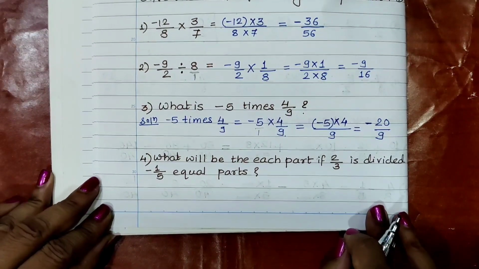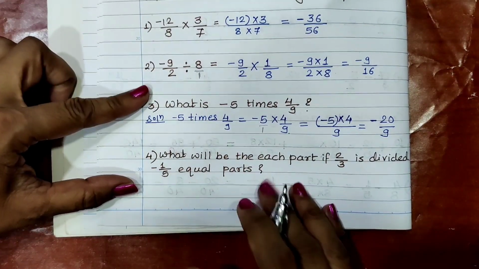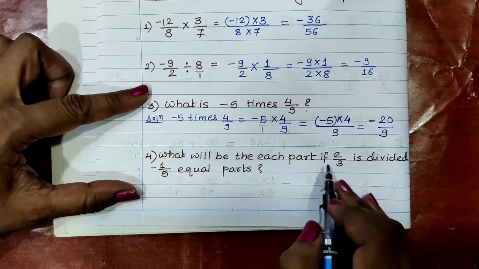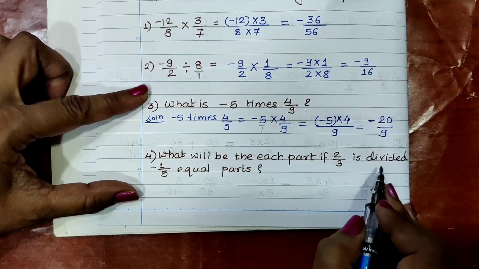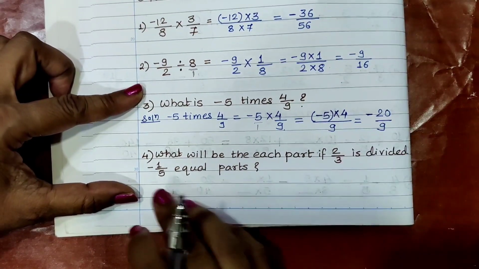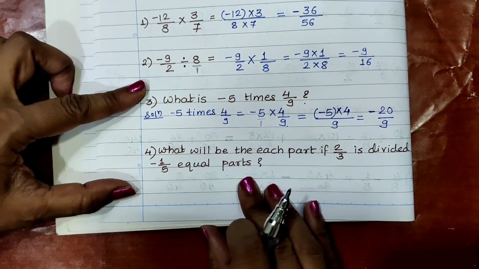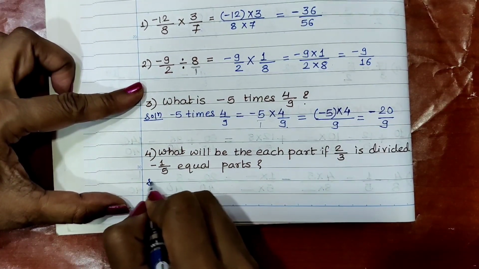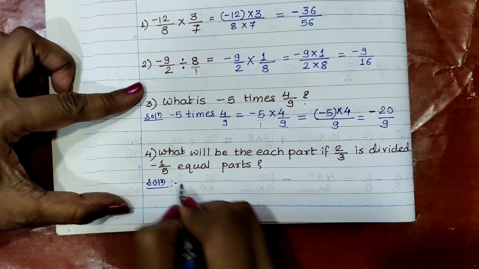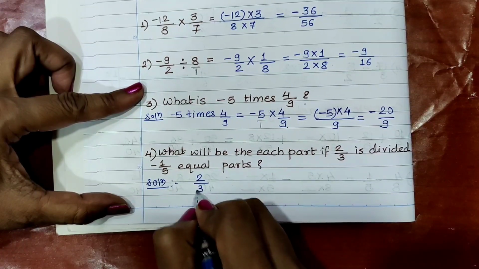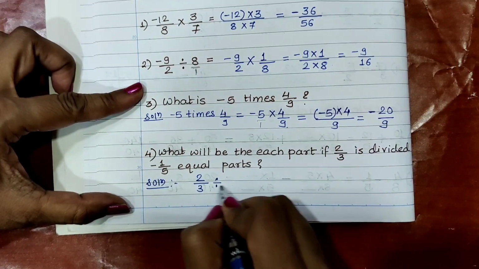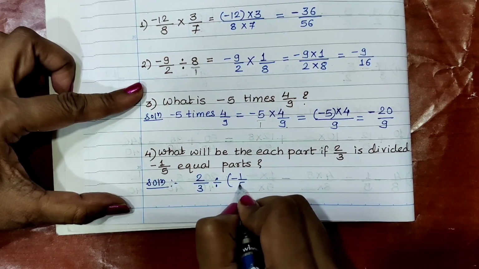Now let us go on to the next sum. Last sum. What will be each part if 2 upon 3 is divided into minus 1 upon 5 equal parts? That means what? Solution, what we have to write? 2 upon 3 is divided by minus 1 upon 5.